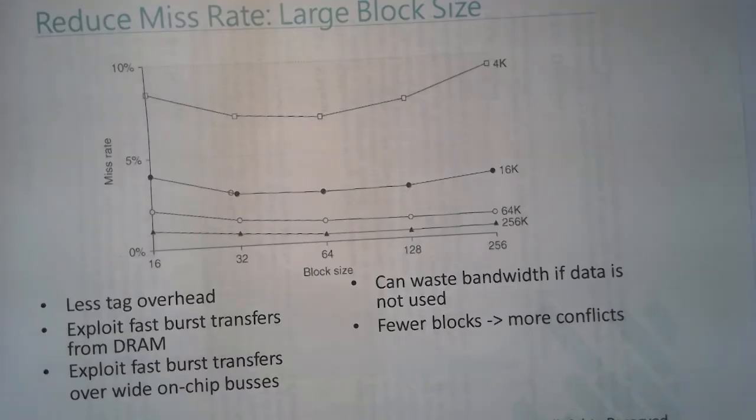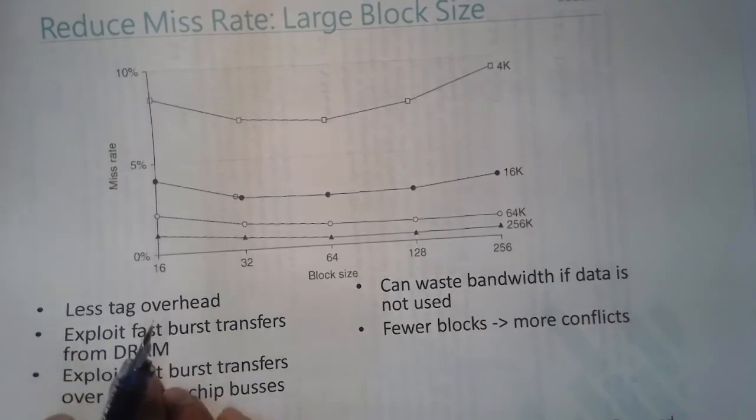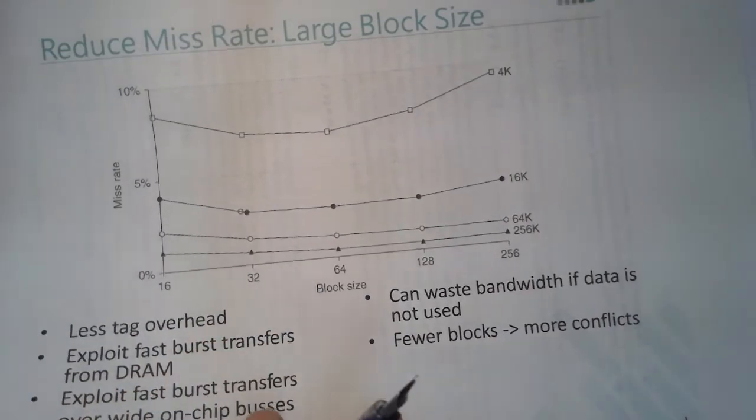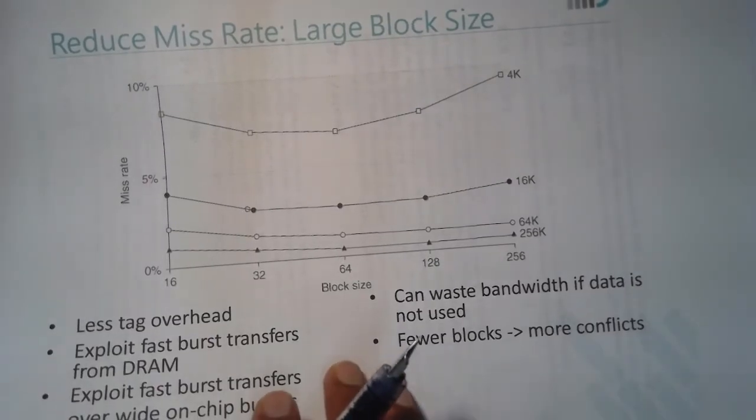And since you have fewer blocks, it will increase the conflict misses. Okay. So to reduce miss rate, you have to figure out the most appropriate block size, which is some moderate value.